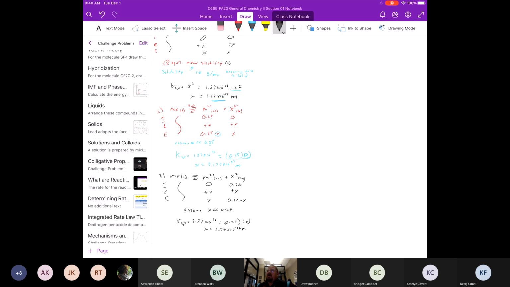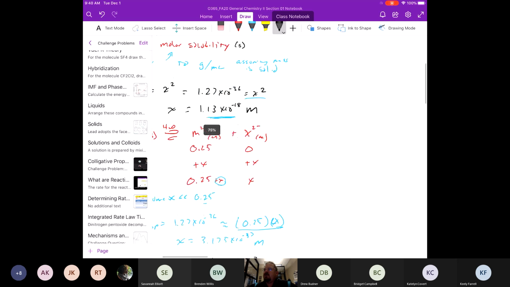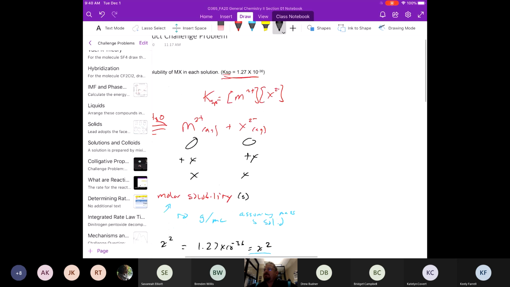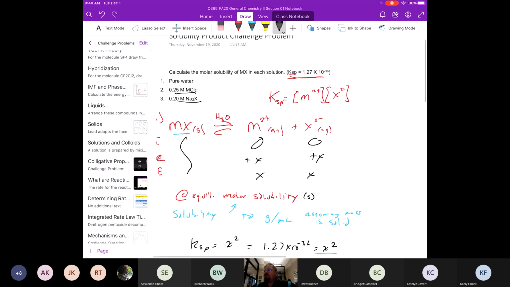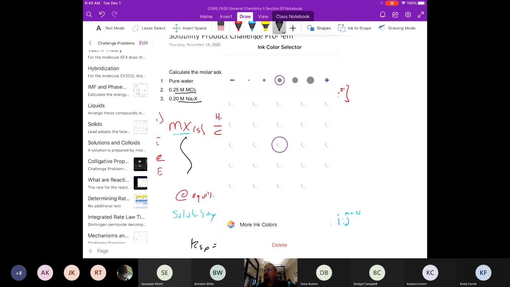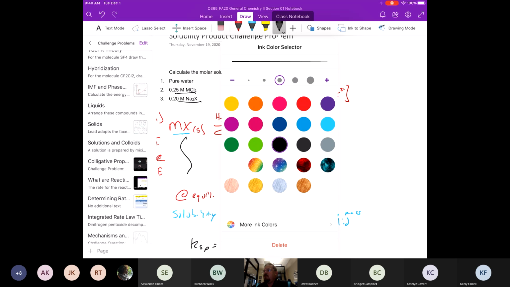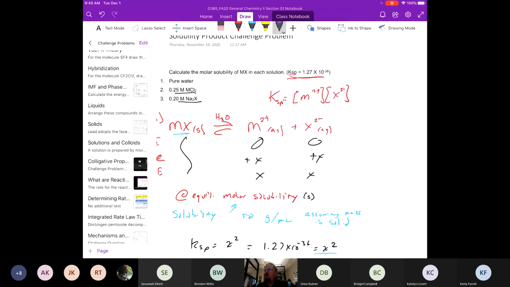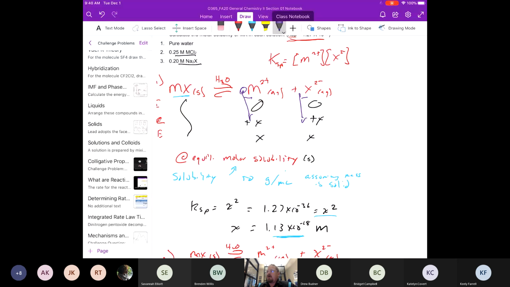Just like before, though, if we had not a 1-to-1 ratio of these, if we come back to this initial equation, if this was no longer a 1-to-1 ratio, just like before, whatever value we have up here would have to be brought down there, and we would have to account for that when we inputted that into our K expression.